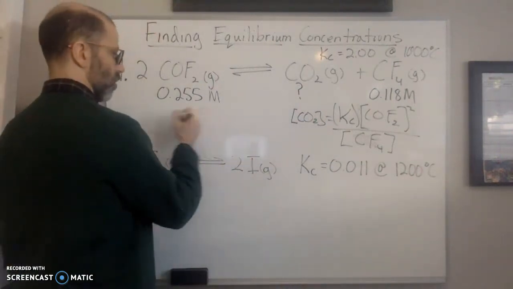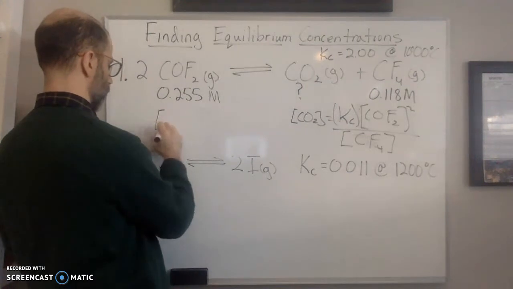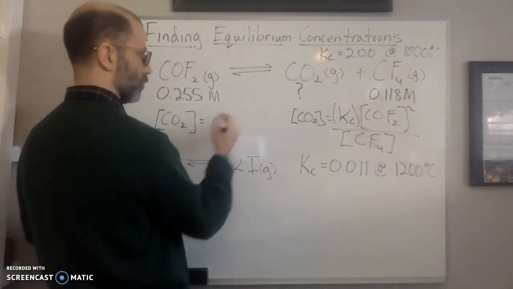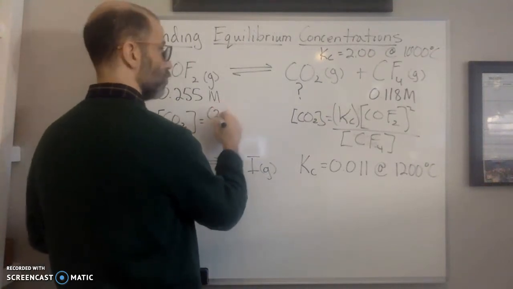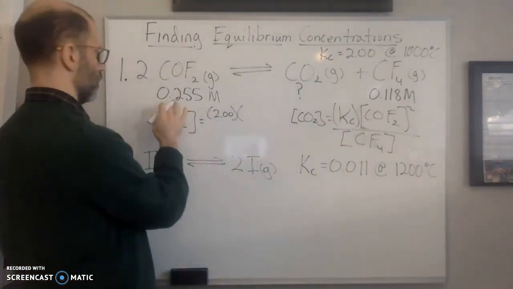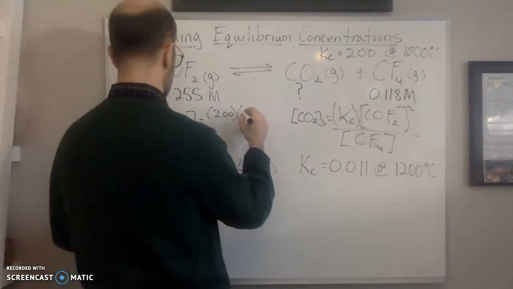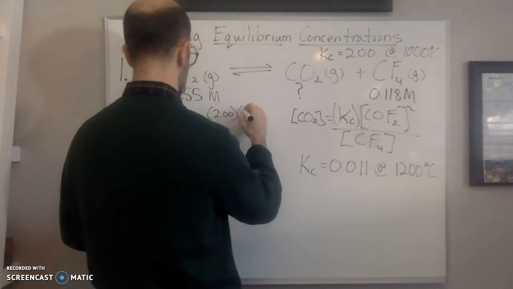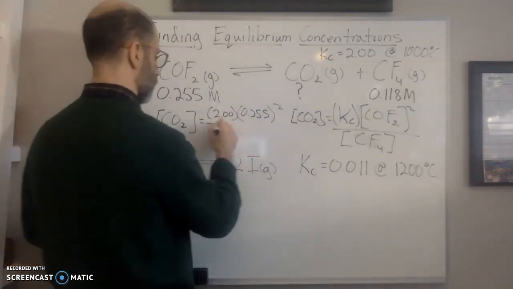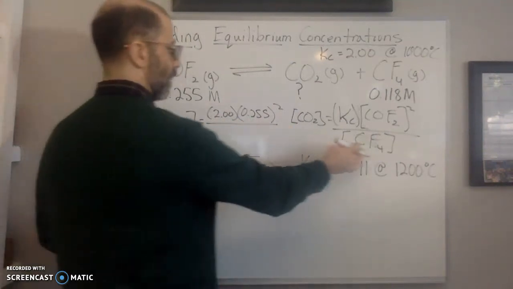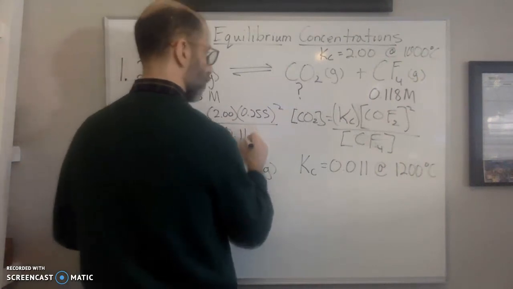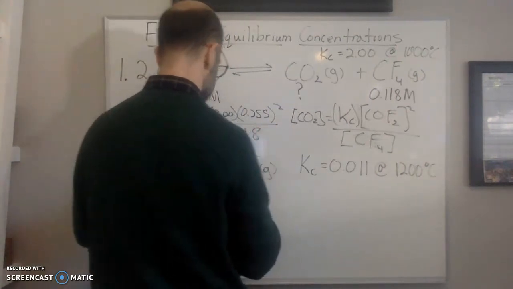Okay, so then I have CO2 is equal to Kc, I have 2.00 times the concentration of COF2 squared, right? So it's going to be 0.255 squared over CF4, that's going to be 0.118 molar.